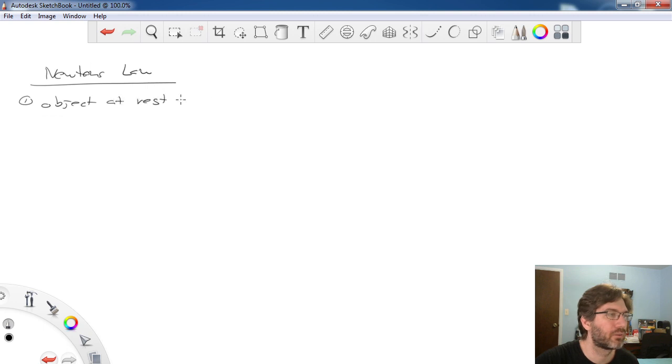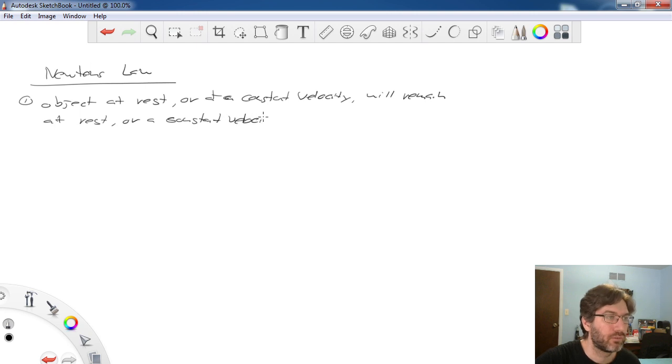Newton's first law: an object at rest or at a constant velocity will remain at rest or at a constant velocity unless an outside force acts on it. This is also the law of inertia.